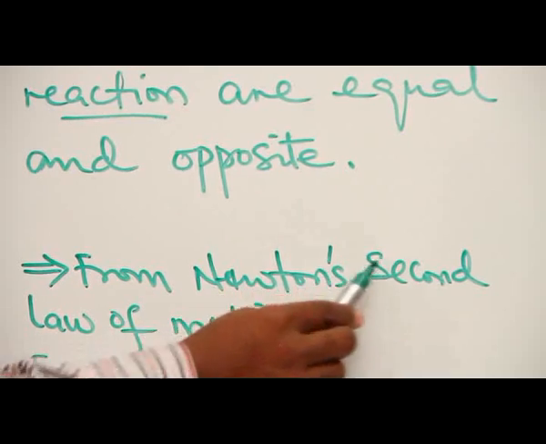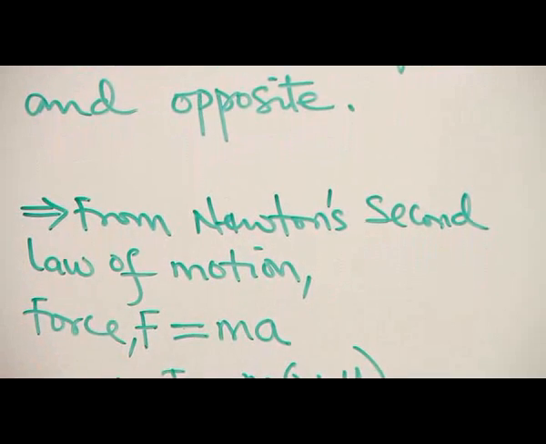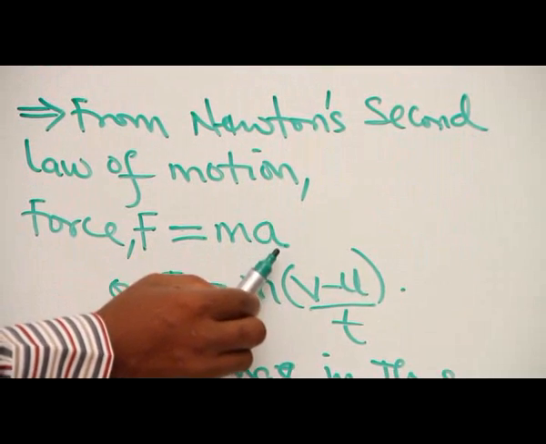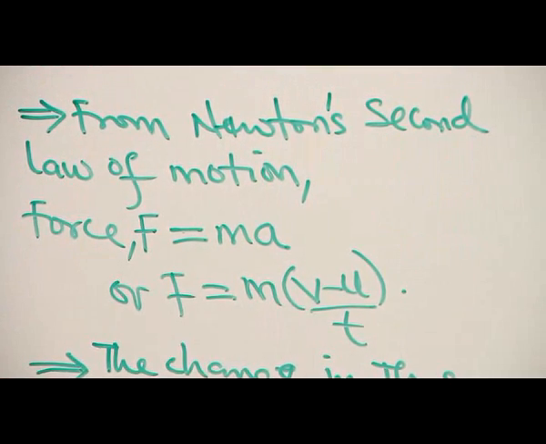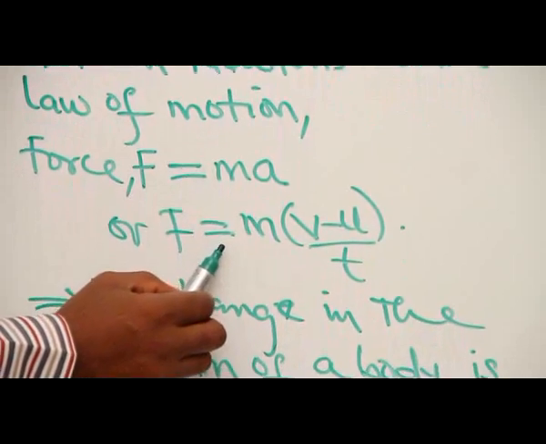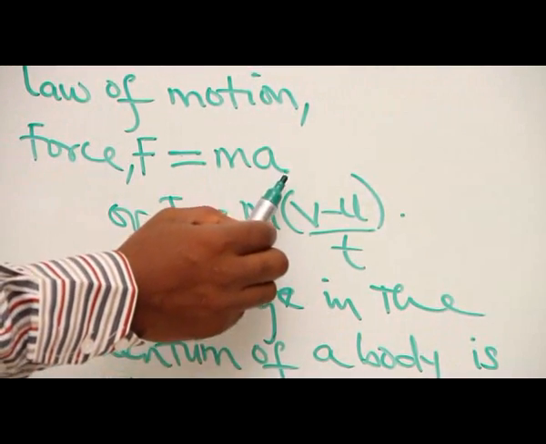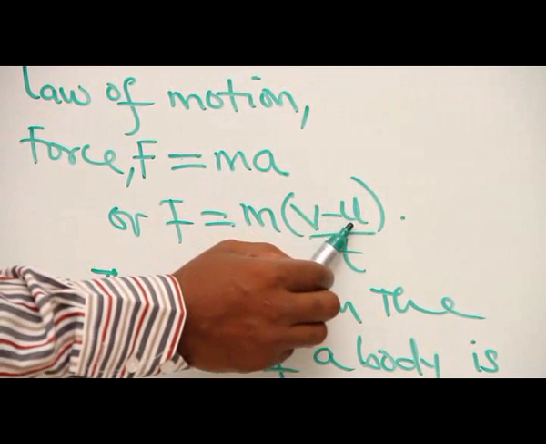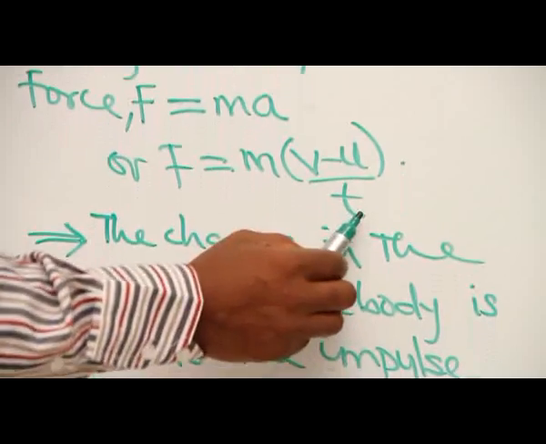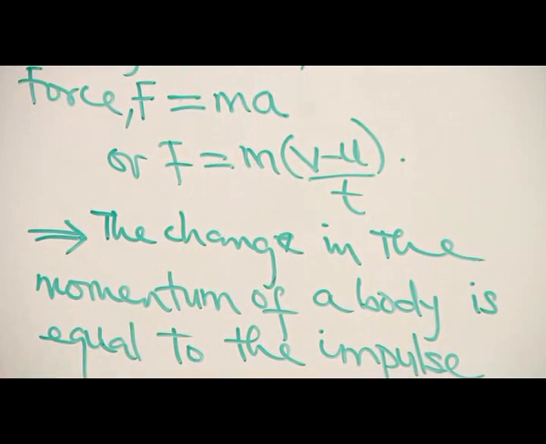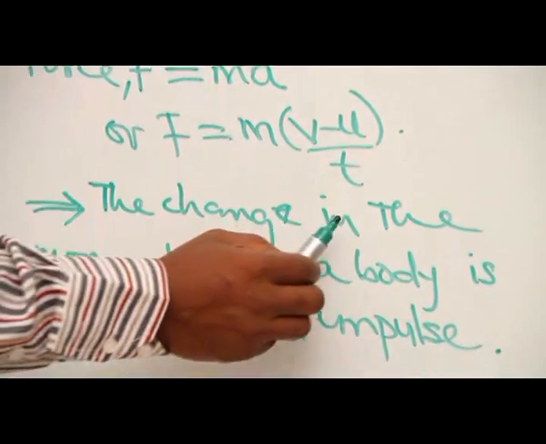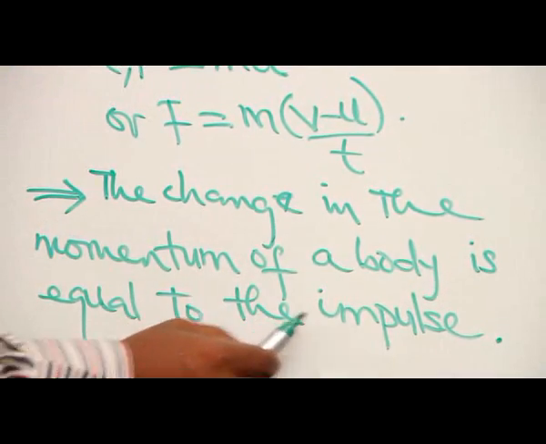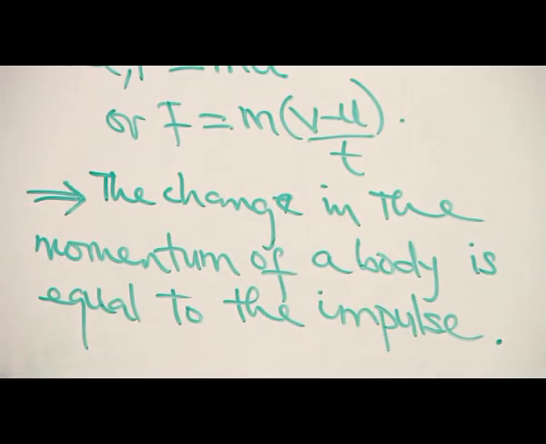From Newton's second law of motion, we get that force is equal to mass times acceleration, or force equals mass times the difference of the final velocity and the initial velocity divided by the time taken. The change in the momentum of a body is equal to the impulse.